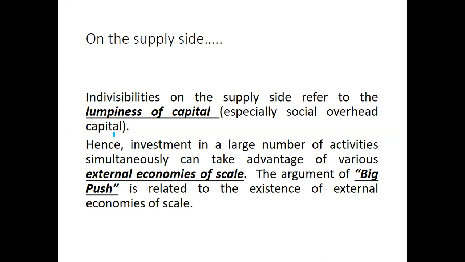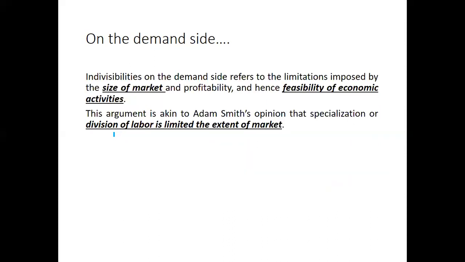This argument is akin to the big push theory, which says that an economy needs a sufficiently high level of investment to take it out of the low-level equilibrium trap. So the big push goes along with the argument of balanced growth.